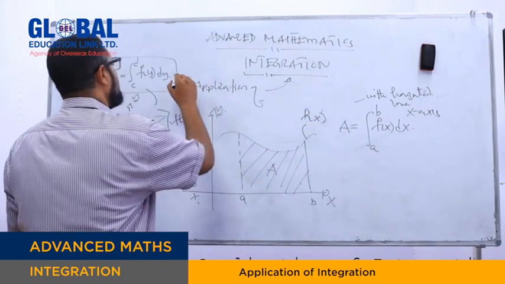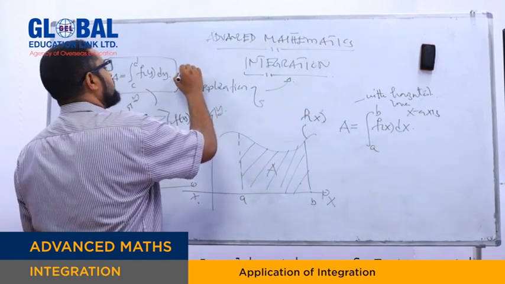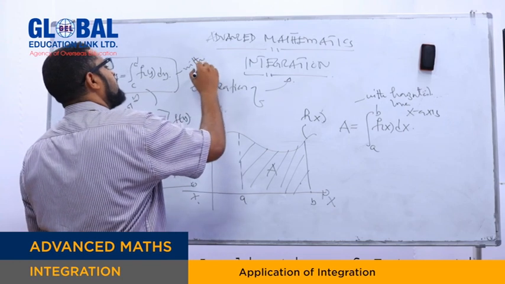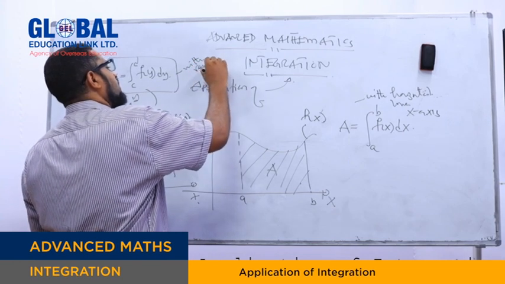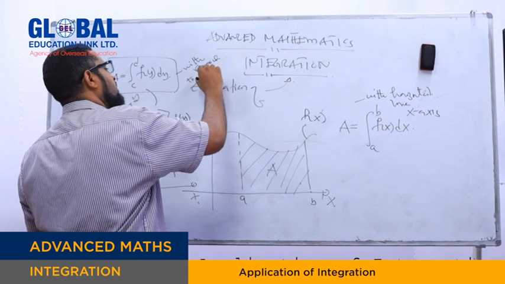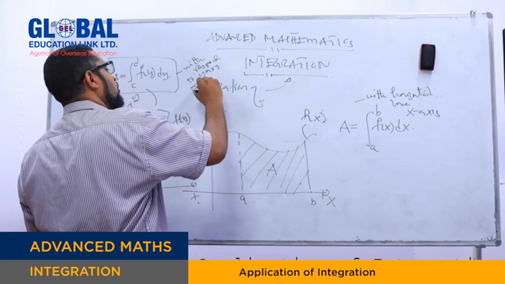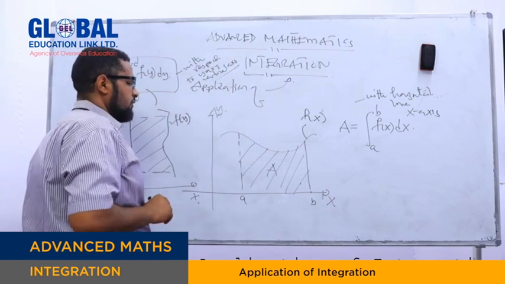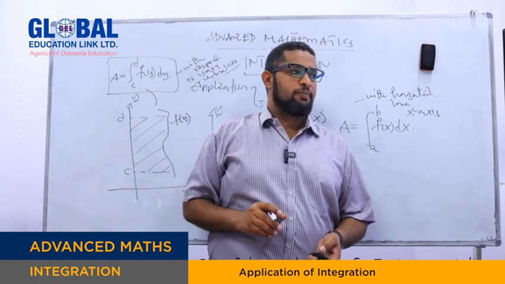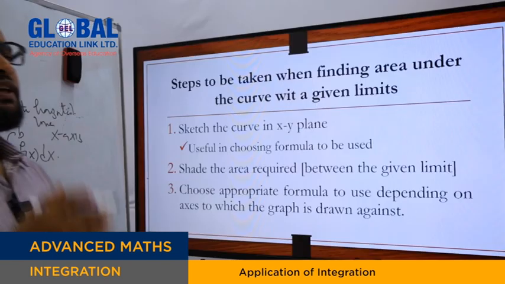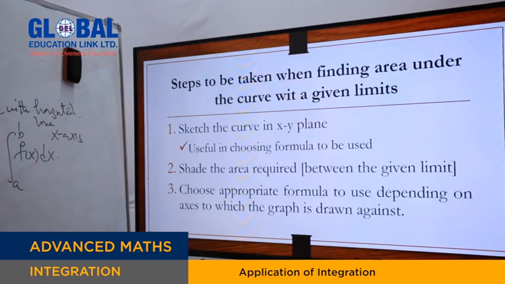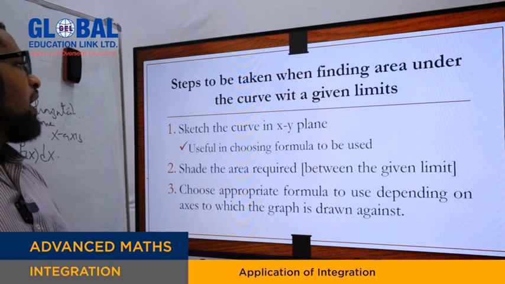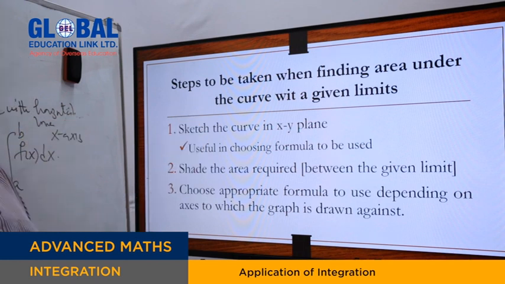But the f of y one is when the graph is drawn with respect to the y-axis, or the vertical axis. Now let's see what are the key steps that you are supposed to undertake when finding the area under the curve with the given limit or the given domain of that function.